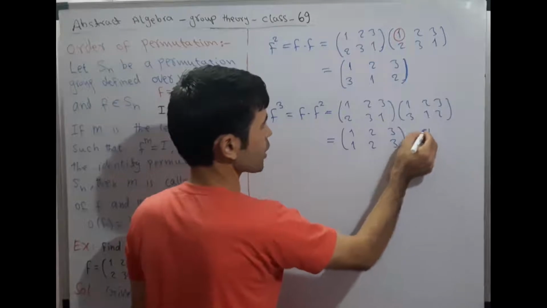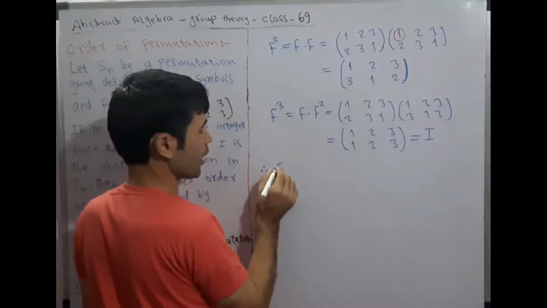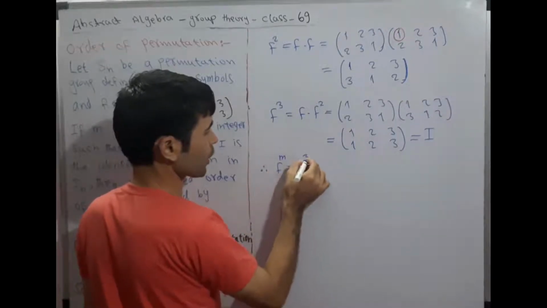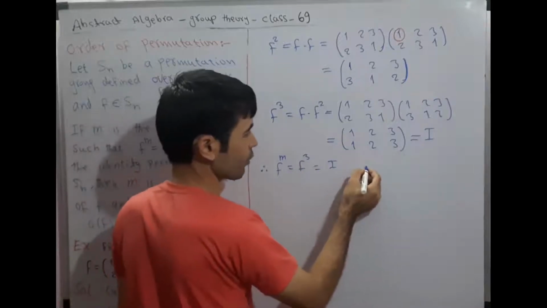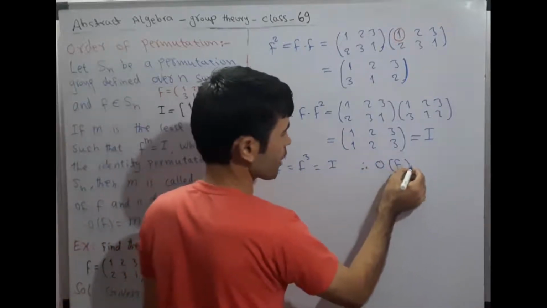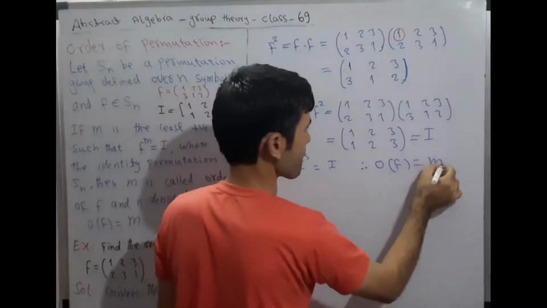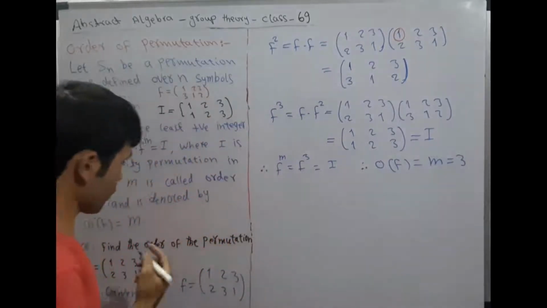It is the identity element. Therefore, f to the power m is equal to f to the power 3 is equal to the identity permutation. Therefore, order of f is equal to 3, m is equal to 3. It is the order of this permutation.